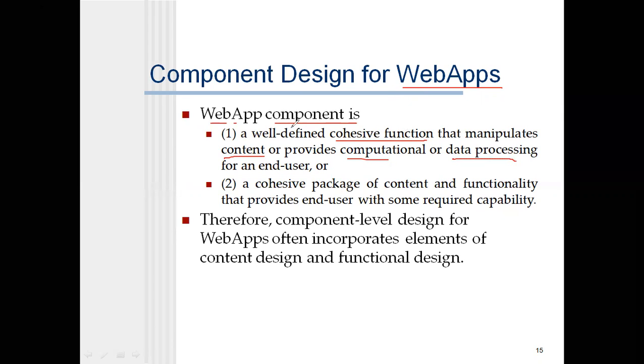What is the web application component here? A web application component is a cohesive function. What does this cohesive function include? It is a collection of the operations and also some attributes.